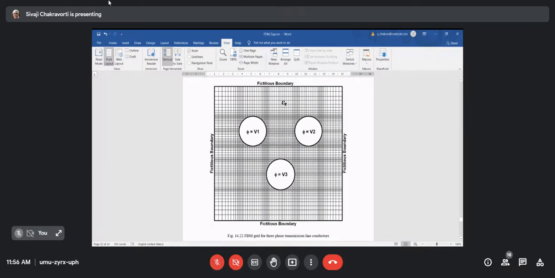Okay, so now you see, this is an example where I have three conductors. So I can say this is a transmission line system. And there is only one dielectric epsilon r, it could be air. Now, you can see this region is quite large.